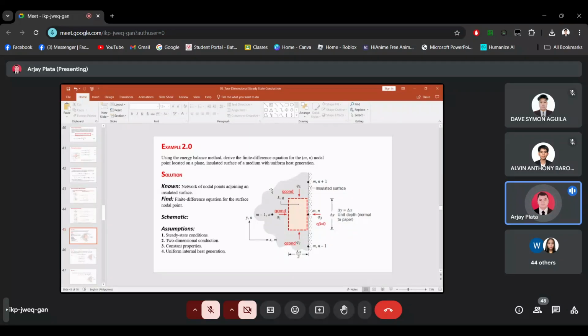As you can see on our screen, we have a figure wherein one side is a fully insulated surface, while the other side is exposed to no fluid, so there's only conduction.